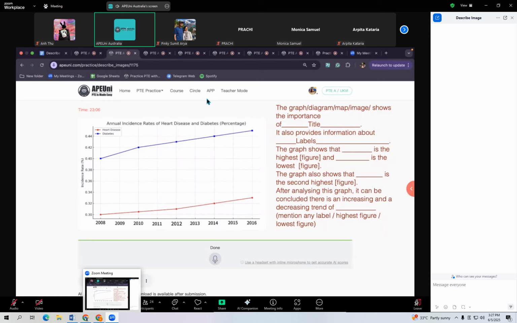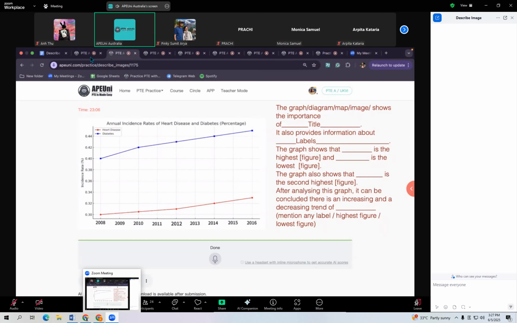The image also shows that in 2015, in 2014, it was the second highest, which is 0.44%. After analyzing this image, it can be concluded that there is an increasing trend of diabetes in 2016 and a decreasing trend in 2008.